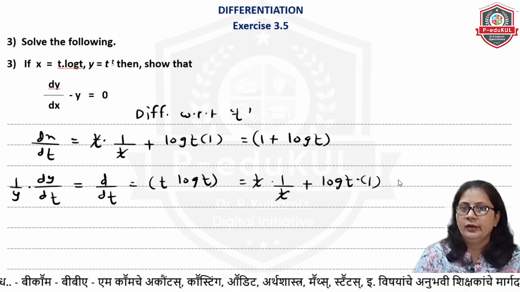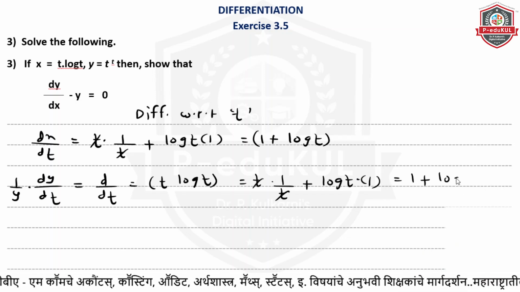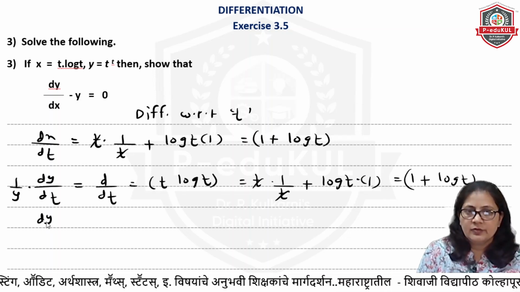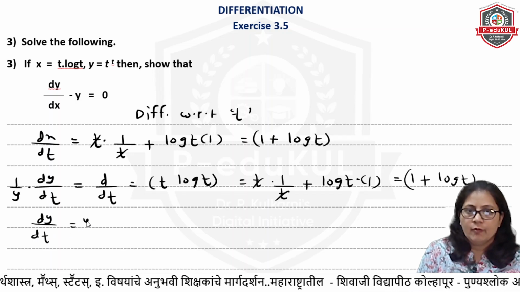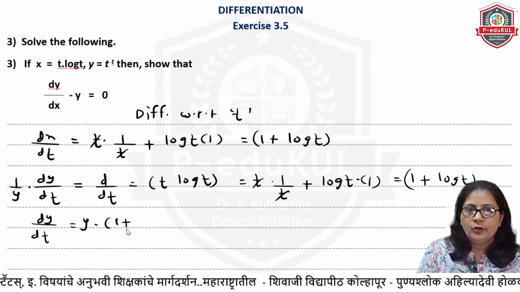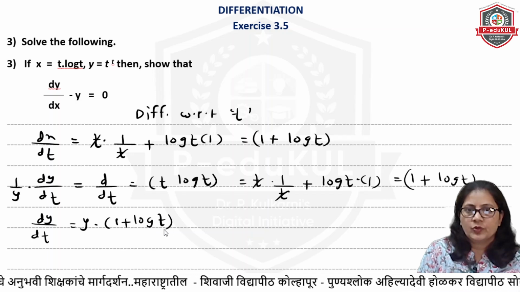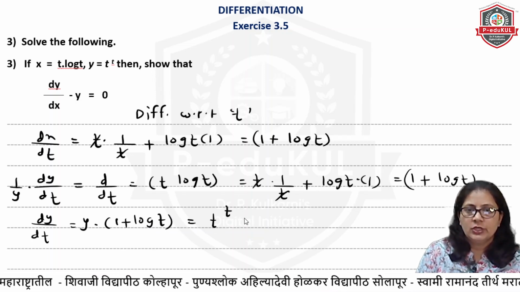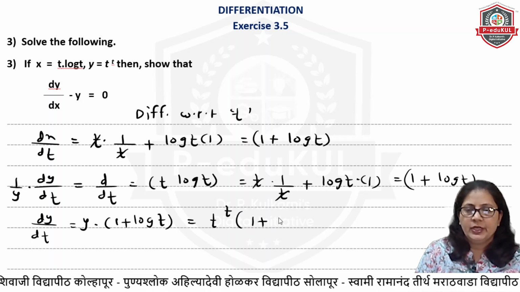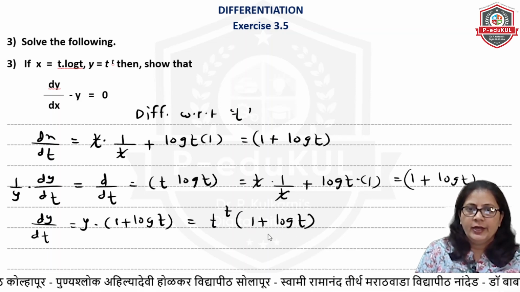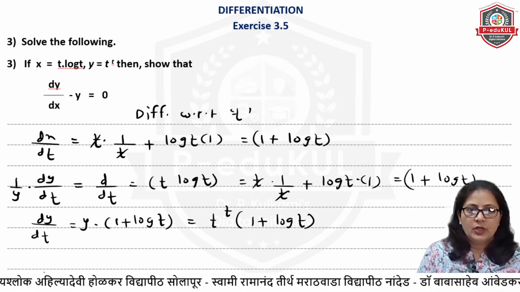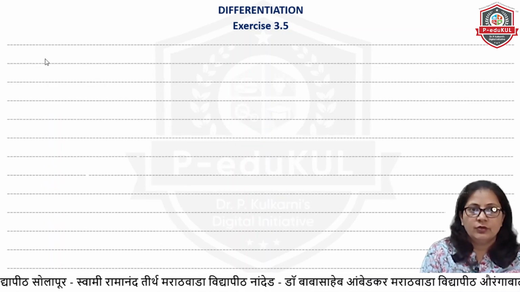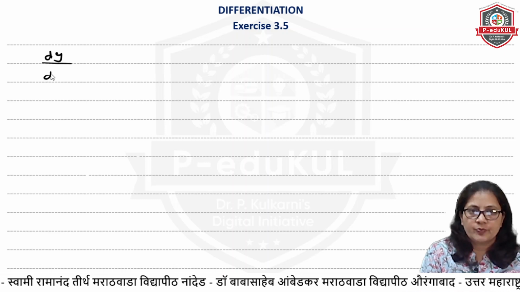So that is again 1 plus log t. But this will be multiplied by y into 1 plus log t. Okay, and what is the value of y? t raised to t. So the final answer will be t raised to t into bracket 1 plus log t.